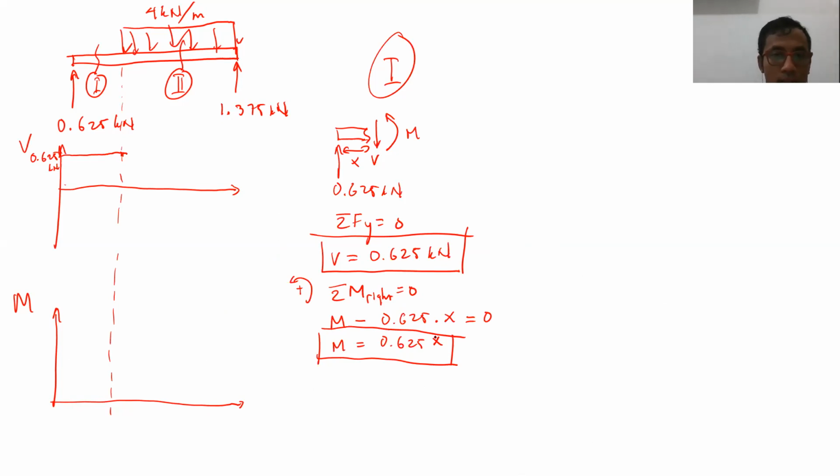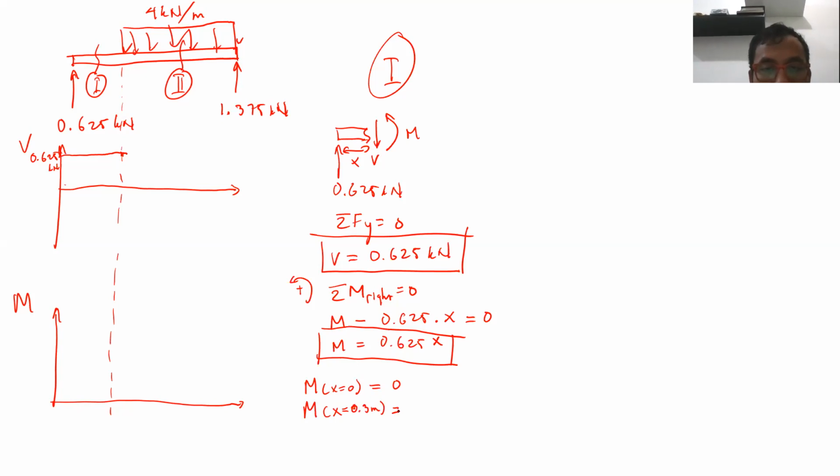Okay, in order to draw this, the easiest way is I want to check the moment at x equal to 0. The value there is supposed to be 0, and the moment at x just before 300 millimeter. No, not just before, exactly at 300 millimeters, 0.3 meter. Okay, you can calculate it there. What is the value? 0.625 multiplied by 0.3 meters.